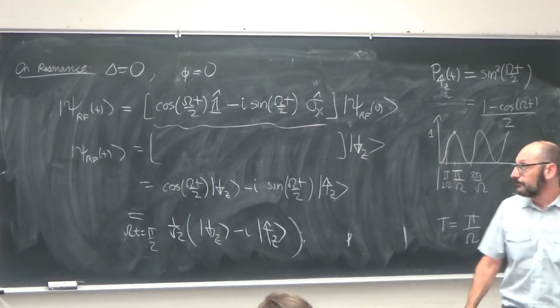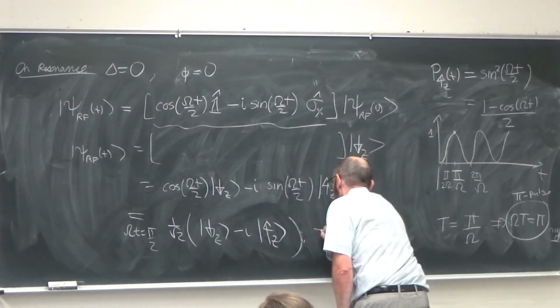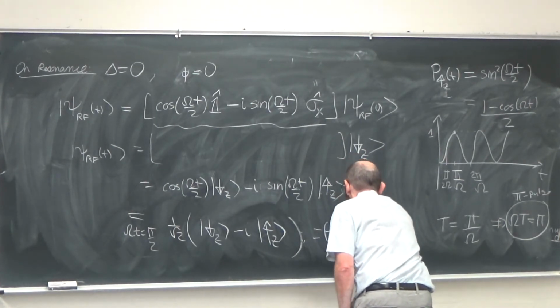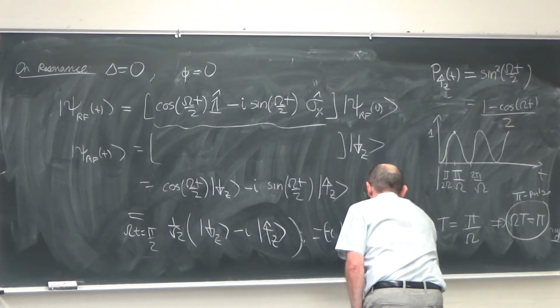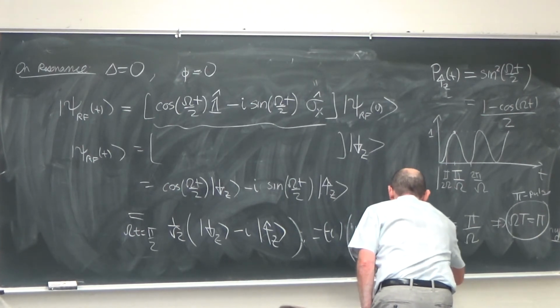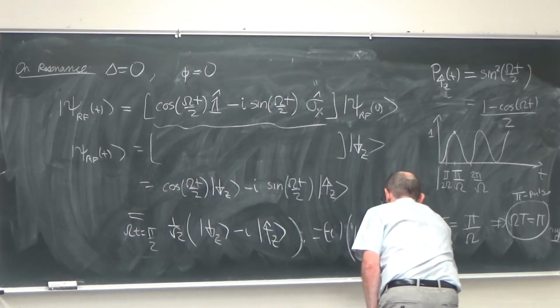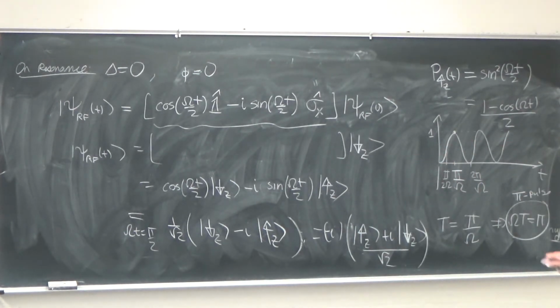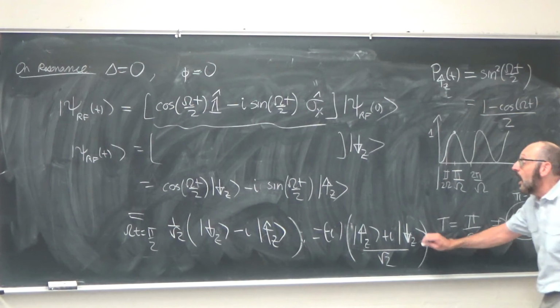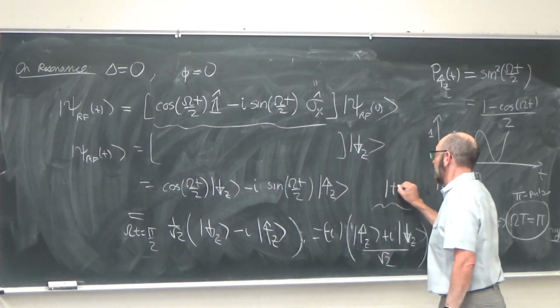Which is equal to minus i up along z plus i down along z over root 2. Which is what? Y. This is spin up along y.